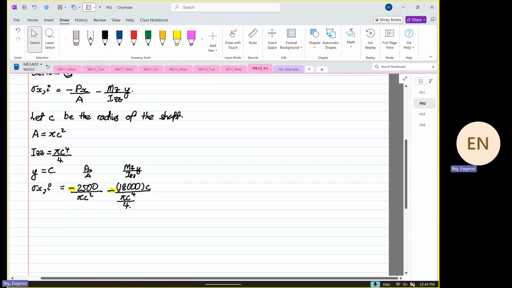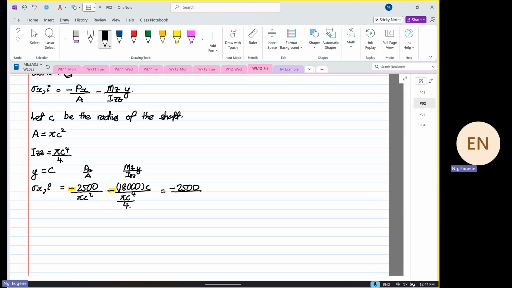From here, we just need to tidy things up a bit. So this will be equal to minus 2500 over pi c squared, and then minus 7,200 over pi c cubed, if we make them a common denominator.